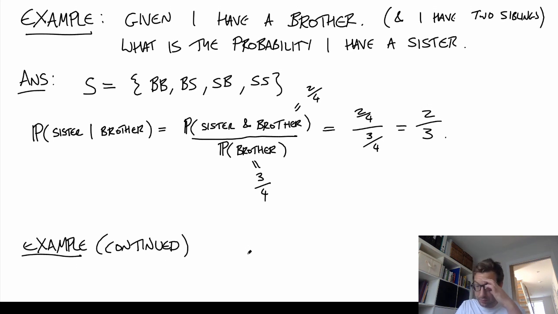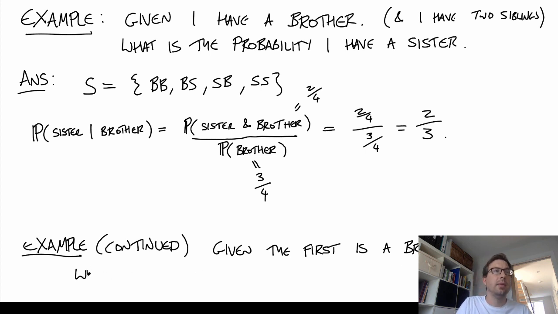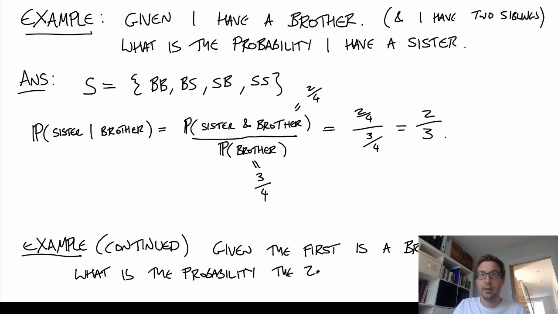Let's say that now I have my 2 siblings, and I say given the first, let's say the first being the eldest, is a brother, what is the probability the second is a sister?